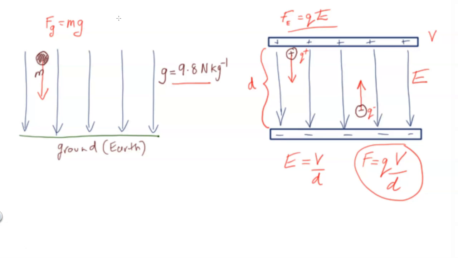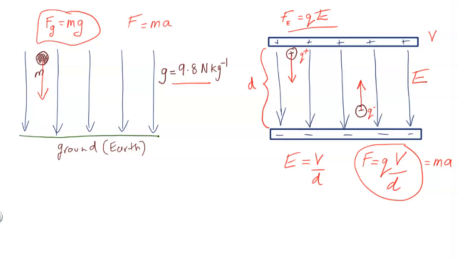So we can see how this formula is related to our Newton's second law equation, F equals ma. But the same as this one, we've also got, this would also equal to mass times acceleration.